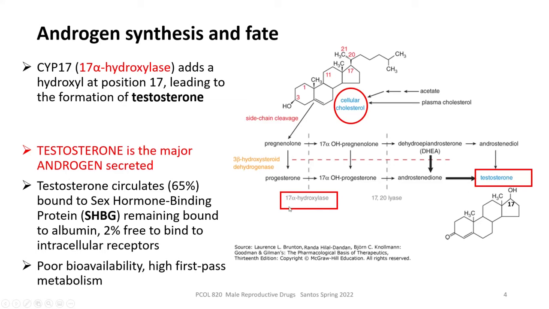So testosterone is the major androgen secreted. It circulates bound to the sex hormone binding globulin, SHBG. The remaining part of it is bound to albumin, and only 2% is available to bind to the intracellular receptors. It has a very poor bioavailability due to a high first pass metabolism.